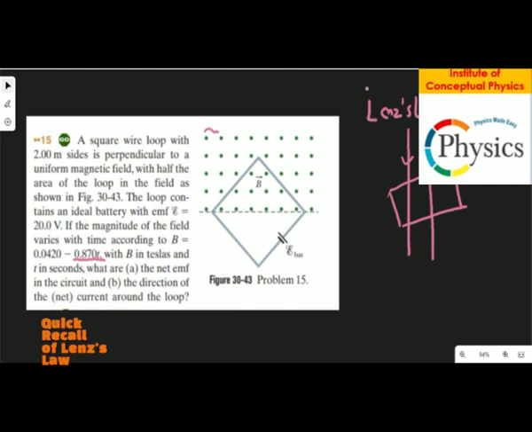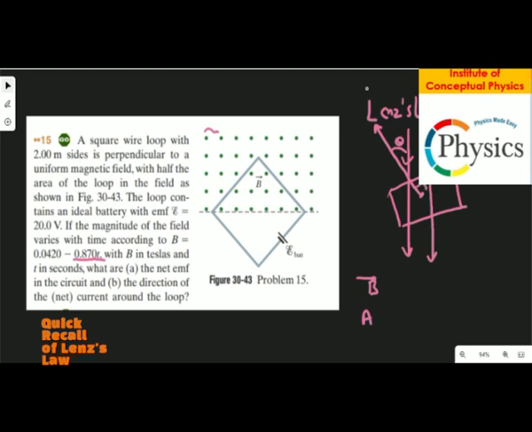If you have to consider the flux which passes through this, draw an area vector like this, and then there is an angle between the two, which is the angle between B, the magnetic field, and the area vector, which we have drawn perpendicular to the area.